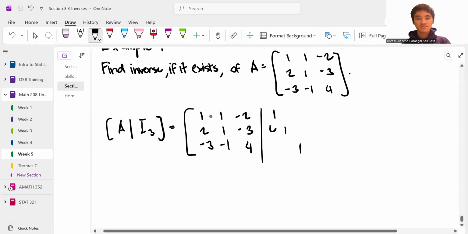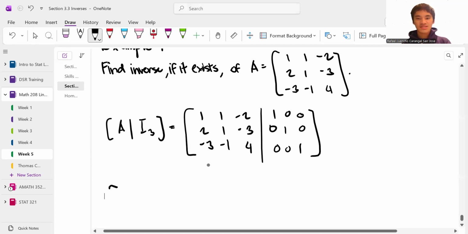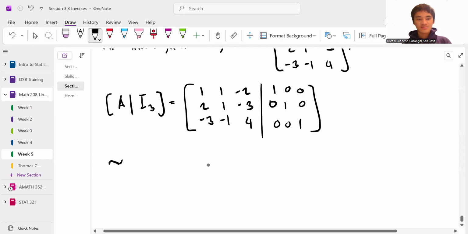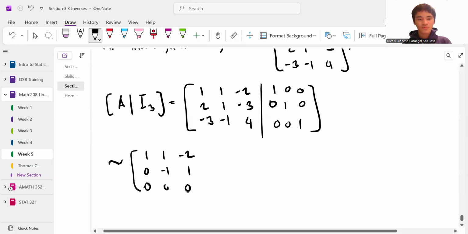Then we're going to do some row operations, and after doing enough of it, and us getting annoyed after doing it, we're going to end up with this one. So we cannot get to the identity.